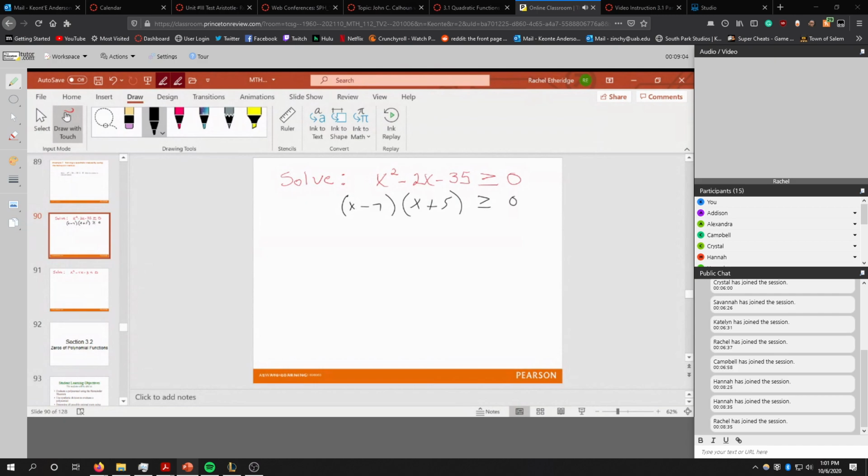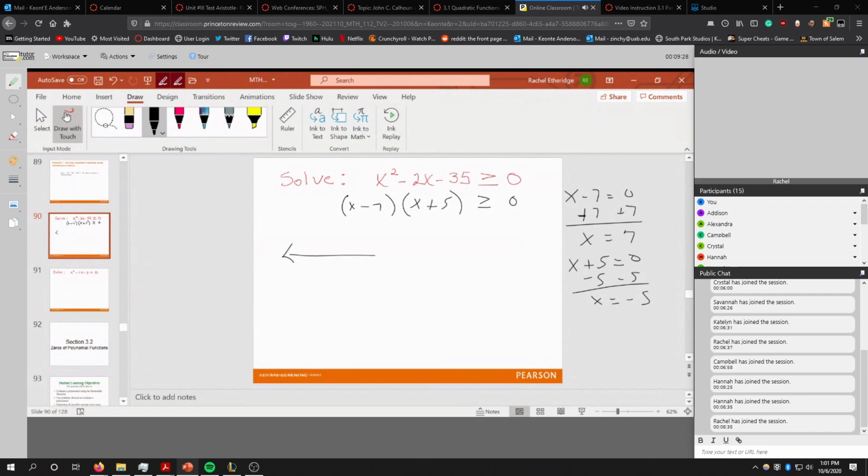What I'm going to do is use these over to the side and find what the zeros would be if it was an equation. So x equals 7 is one, and x equals negative 5 is the other.